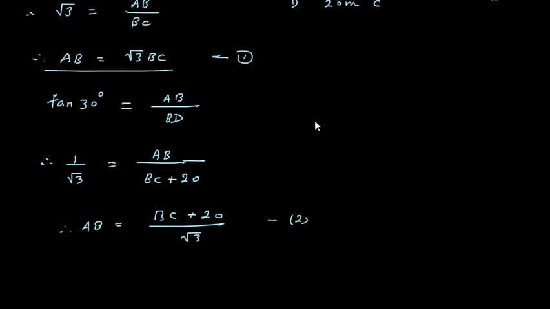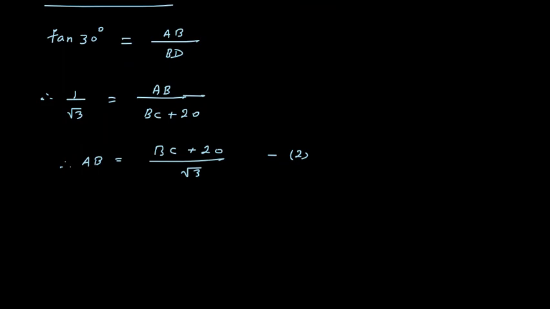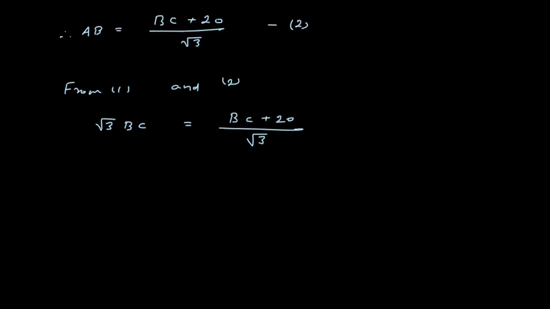Now in equation 1 we got some value for AB, and in equation 2 we get some value for AB. So from 1 and 2 I will say that root 3 times BC is equal to (BC plus 20) divided by root 3. Now this root 3 you can bring on left hand side.